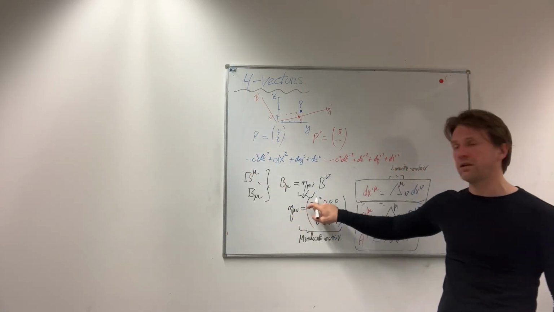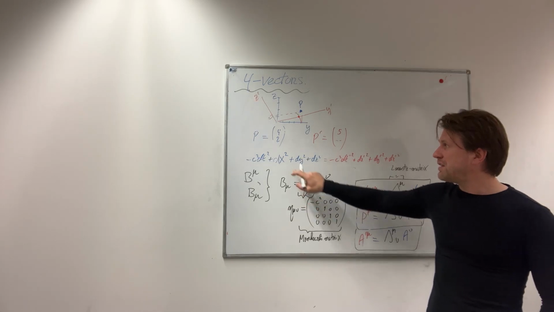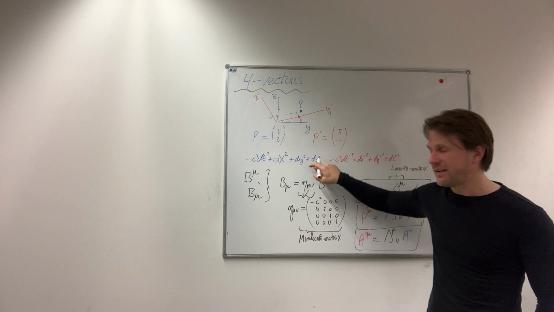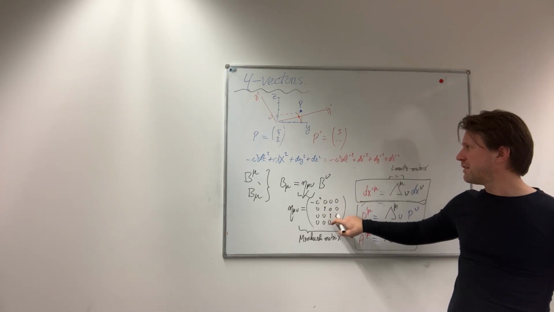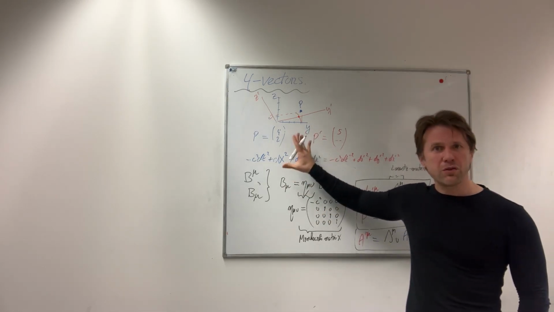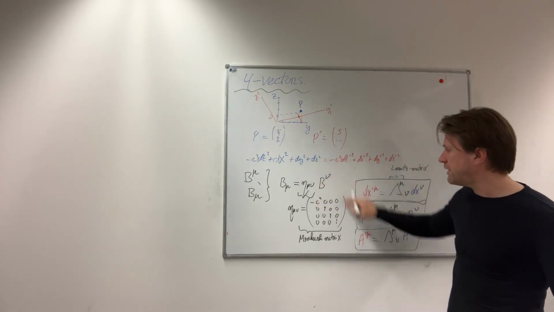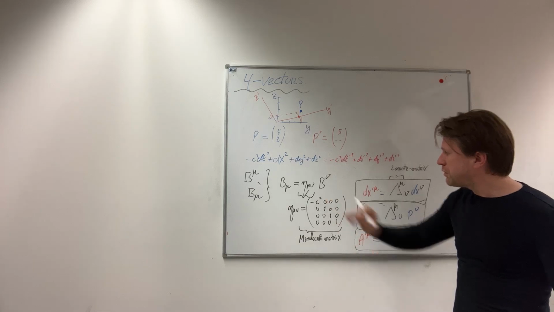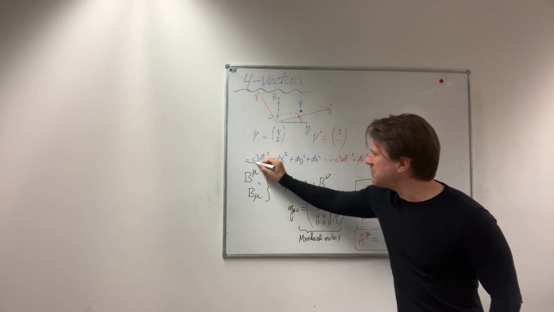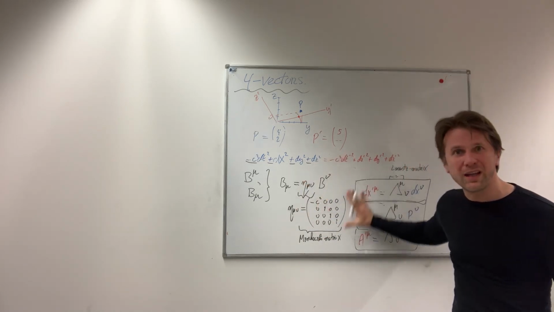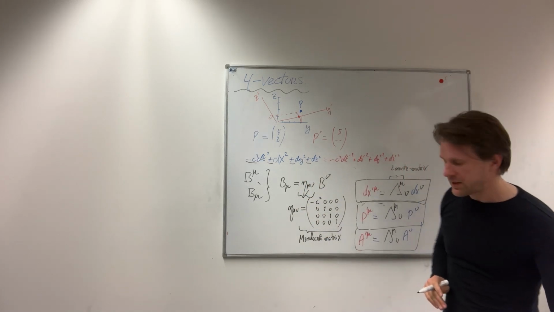Hey, look, that's this one. And it also says that you have to take the spatial parts and multiply them with the number 1. That's these ones over here. And every other combination should not appear at all, which means they are multiplied by the number 0. Those are all these zeros over there. So if you squint, you can already see that this minus c squared and the plus 1 and the plus 1 and the plus 1 are just collected here in this Minkowski matrix.